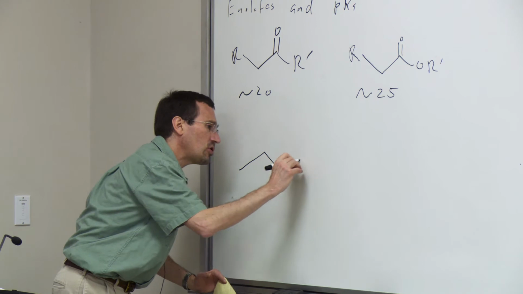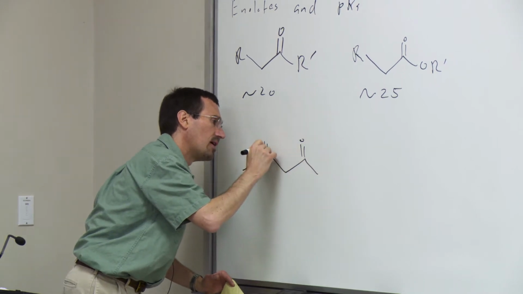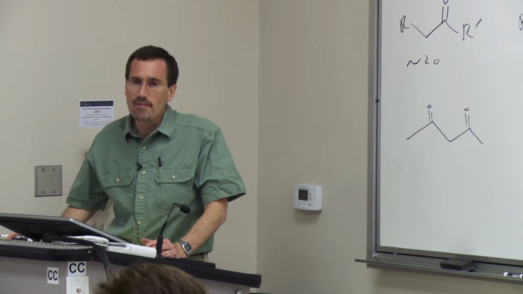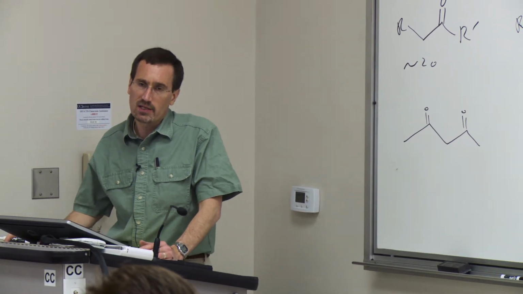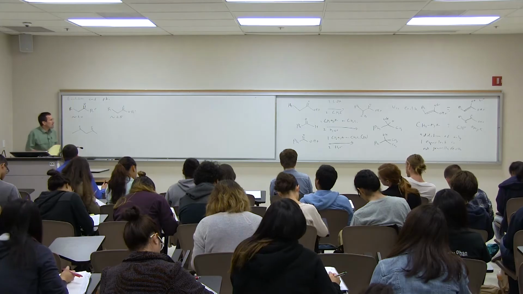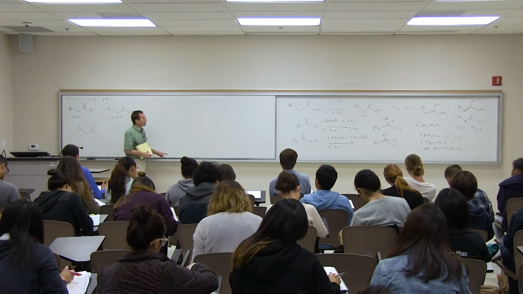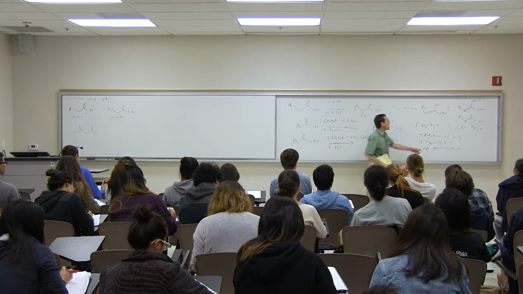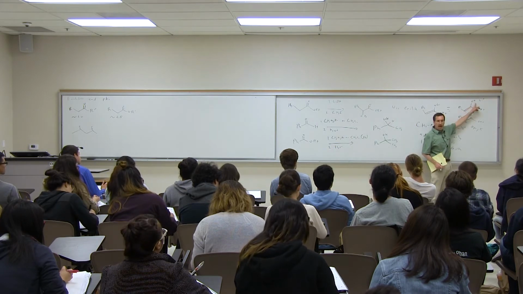If you put 2 carbonyls next to an alpha carbon, that dramatically acidifies the carbon. Because in the case of an enolate, we can only have 2 resonance structures and only 1 with a negative charge on the oxygen.